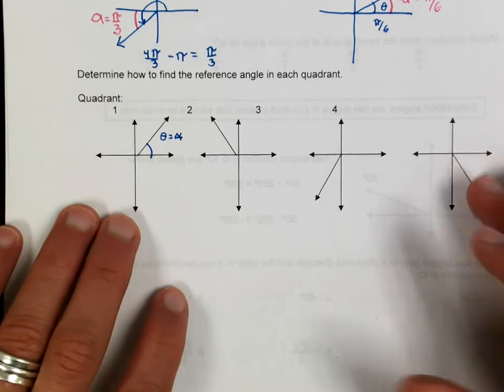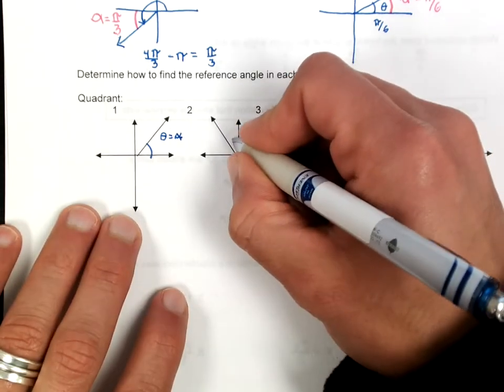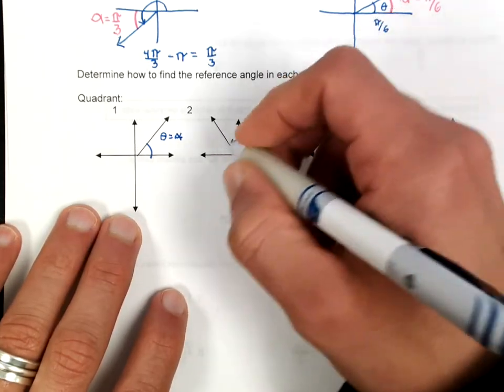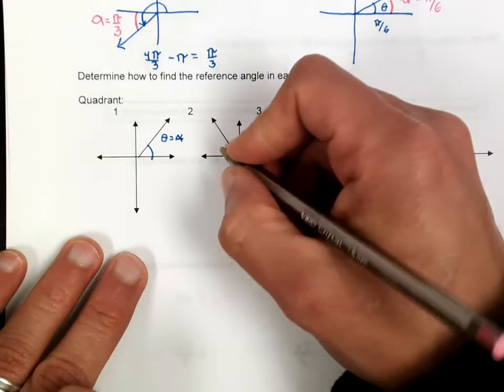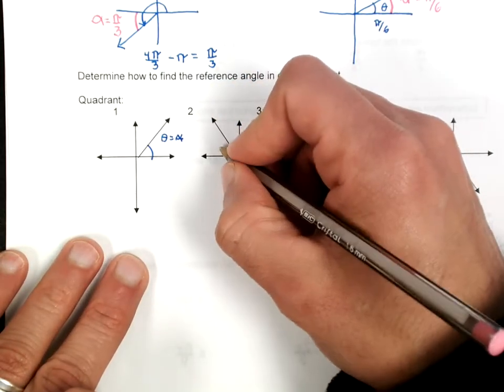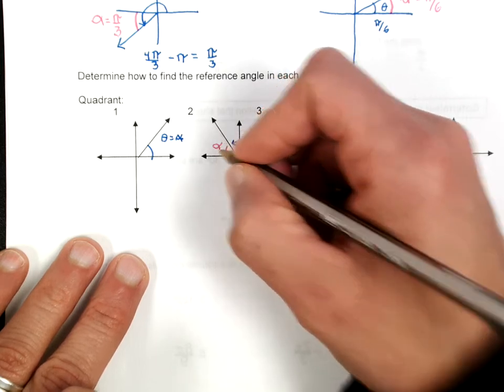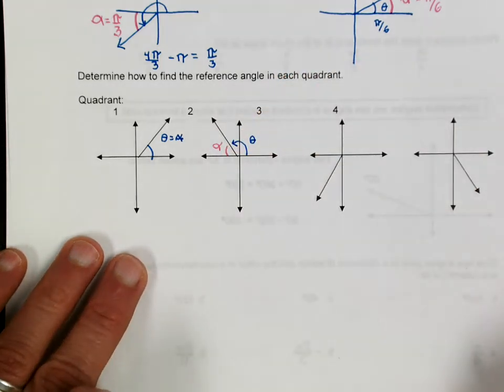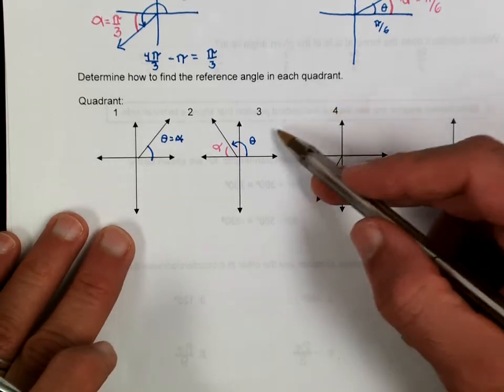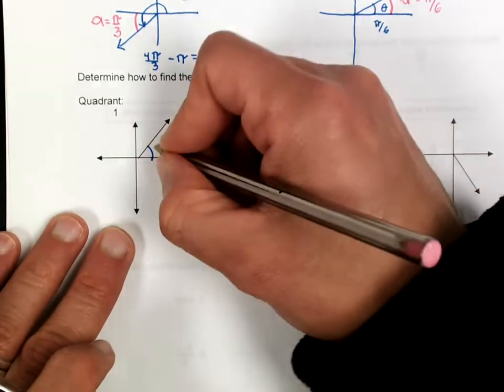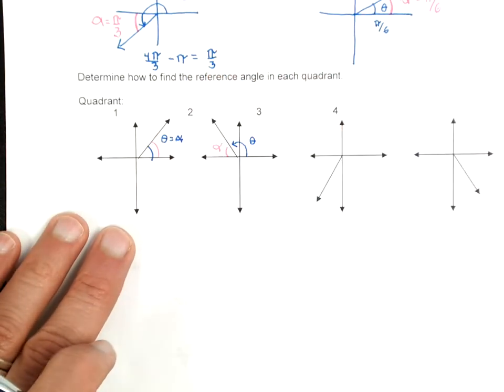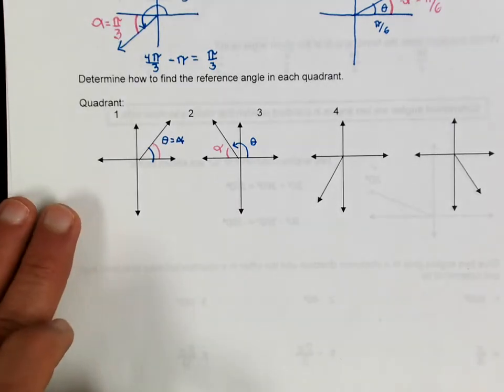All right, on this one, if theta is this, then alpha is just this little angle right here. Again, I'm just looking for the closest distance to the x-axis.